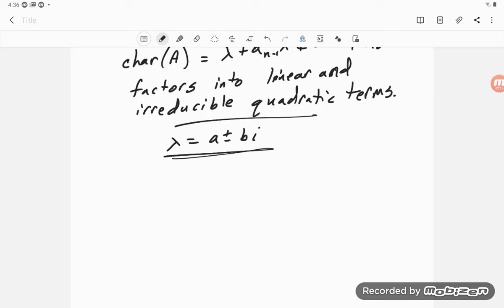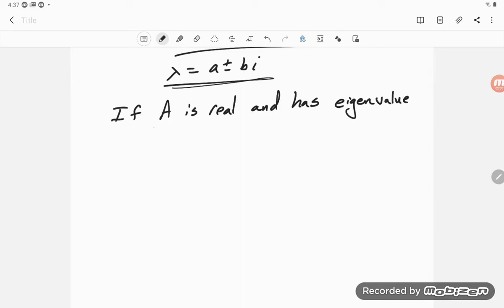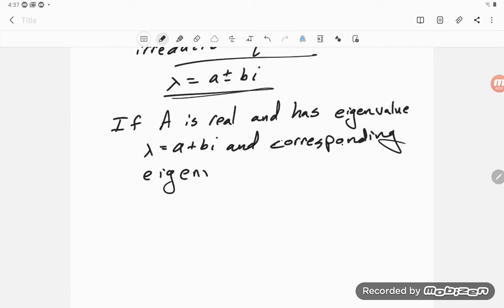And so, what about the eigenvectors? This is the theorem: if A is real and has eigenvalue lambda equal to, let's say, a plus bi, and corresponding eigenvector, and I'll use a z.